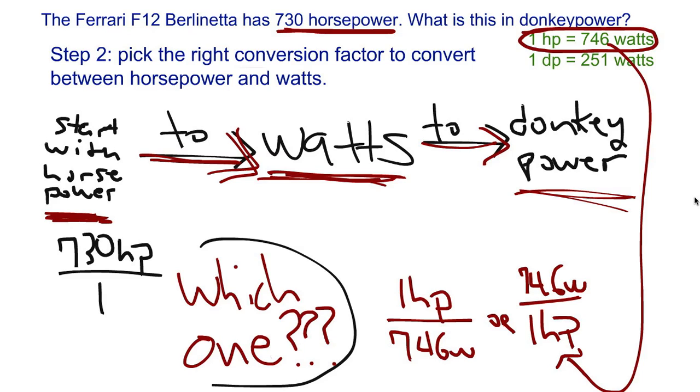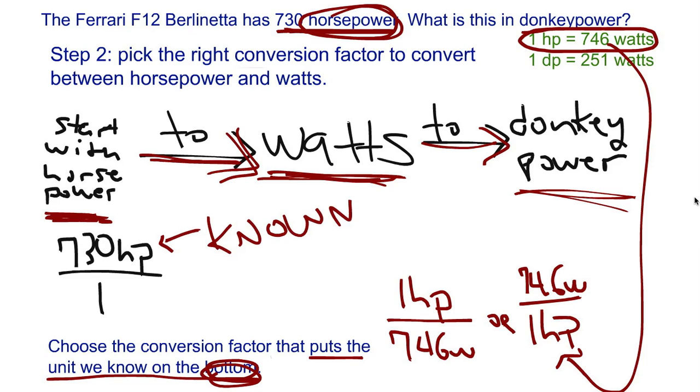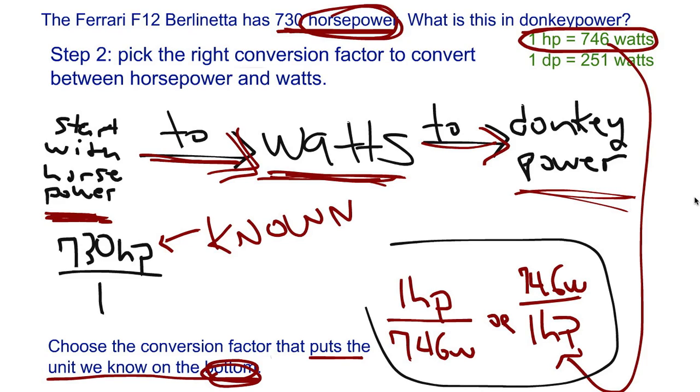And which one are we supposed to use? Well, we choose the conversion factor that puts the unit we know on the bottom. Now, we know horsepower. Horsepower is given to us, and that is right here, known. So when we look at conversion factors, we need to choose the one that puts horsepower on the bottom.